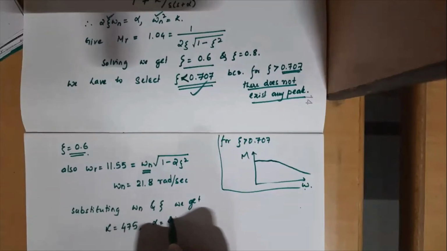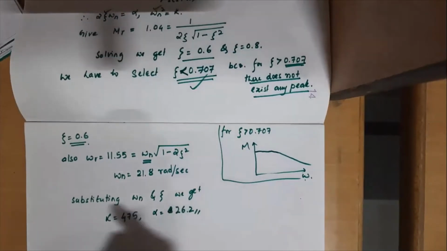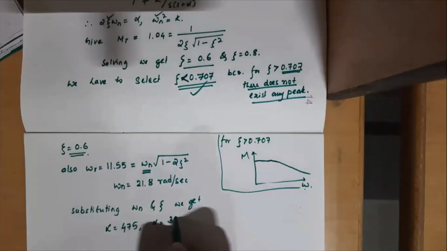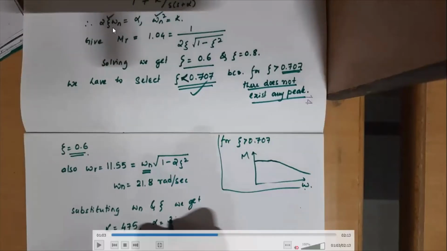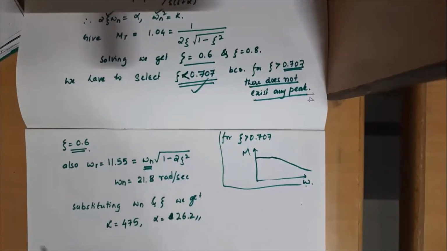We'll revisit the numericals later. So if you solve for omega n and zeta by substituting zeta and omega n here, you will get k and alpha values. K is 475, alpha is 26.2.